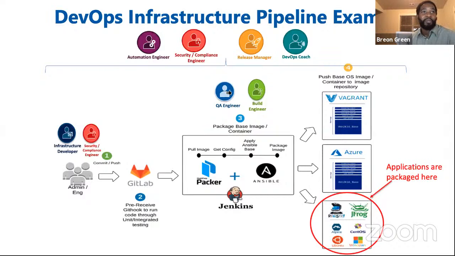Now I'm able to properly package and bake in all of the requirements from a security perspective or from a PCI or compliance perspective into the delivery of an application or service. So here's an example of the infrastructure and application pipeline being delivered together.